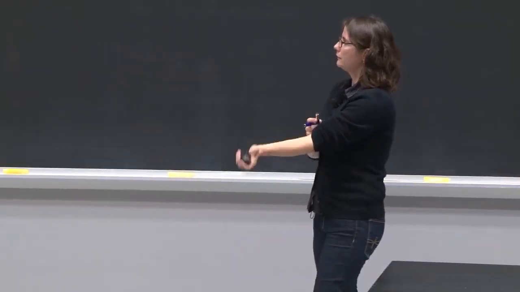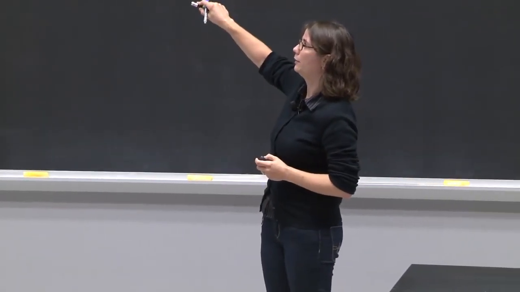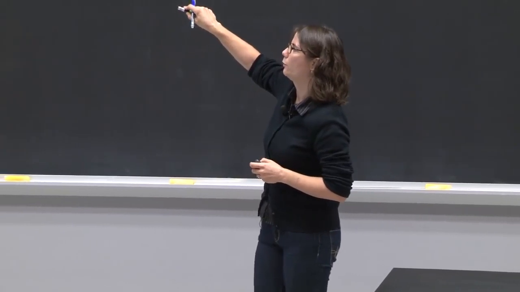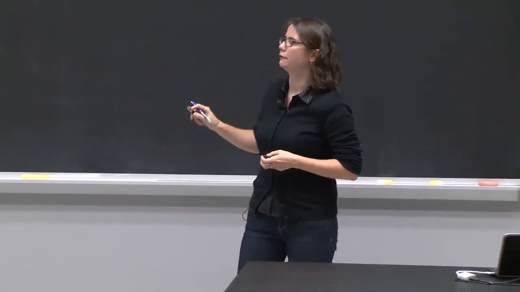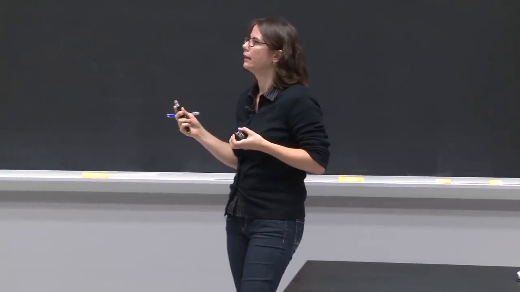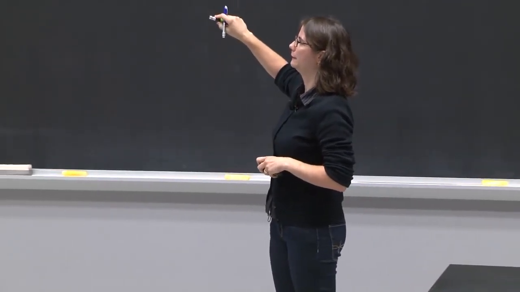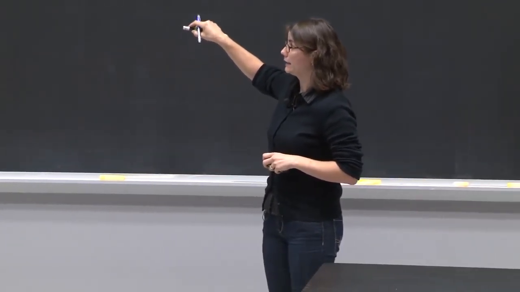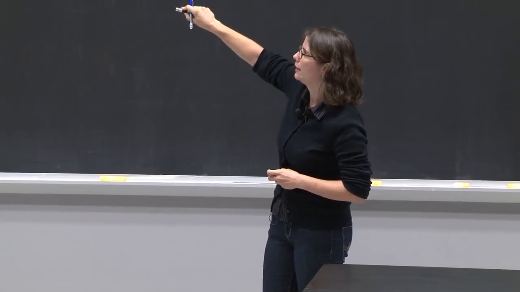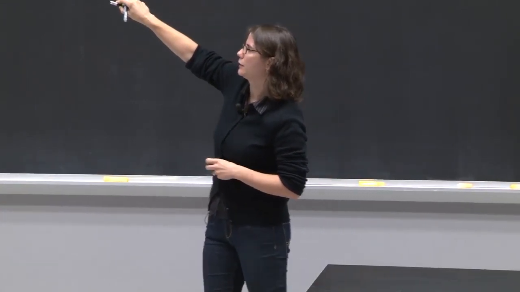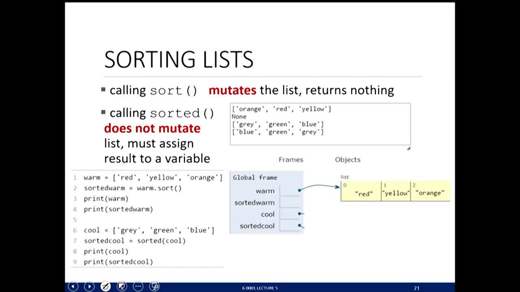So let's see a slightly more complicated example where you're going to see the difference between sort and sorted in the context of this mutability and side effects issue. Okay, so once again, let's create this warm is equal to red, yellow, orange. So that's what warm is going to point to, this list. And then sorted warm is equal to warm.sort. So dot sort mutates.